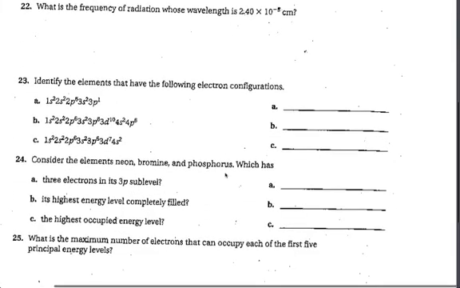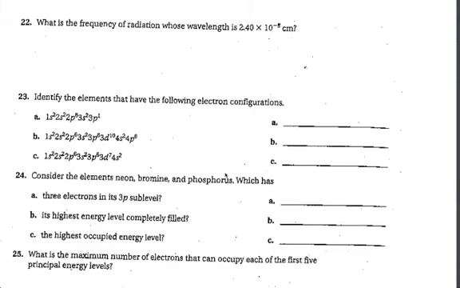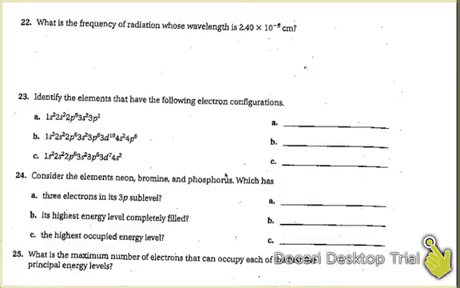Okay, so for number 22, we need to solve for frequency. So we're probably going to be using c is equal to our wavelength times our frequency. It gave us our wavelength is 2.4 times 10 to the negative fifth, but again it gave it to us in centimeters. So we're going to have to move our decimal over twice, add a 0.